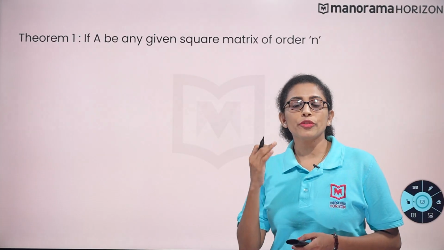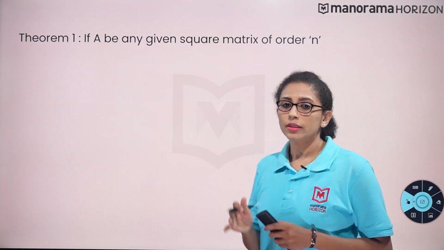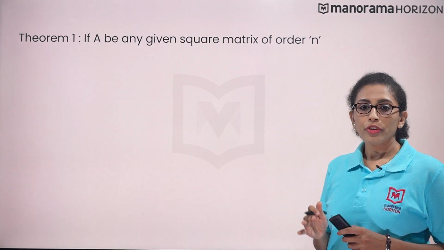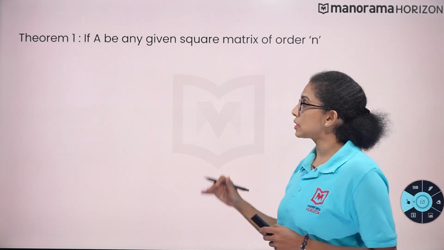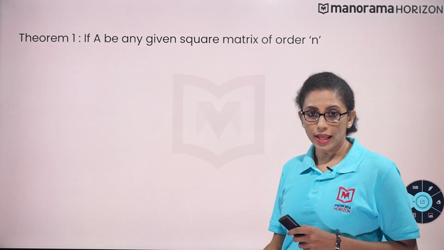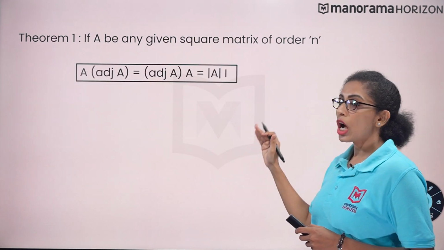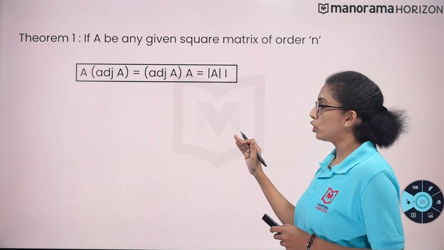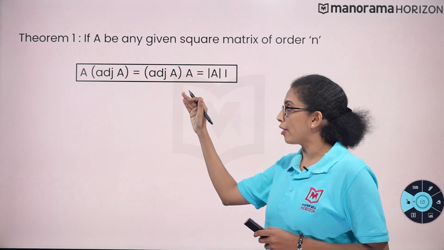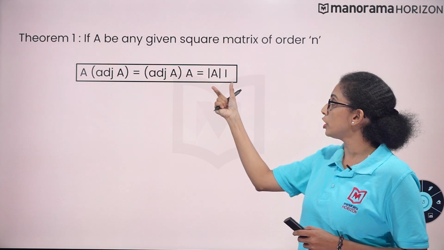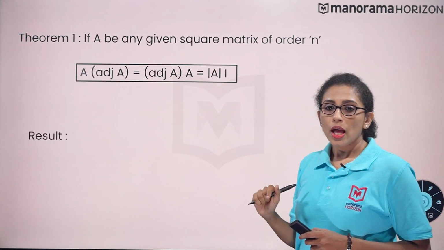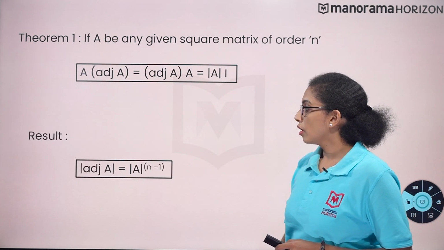Now we shall discuss a few theorems related to this. Theorem number 1. If A be any given square matrix of order n, then A into adjoint A is equal to adjoint A into A, which will be equal to determinant of A into I. And another result is there.